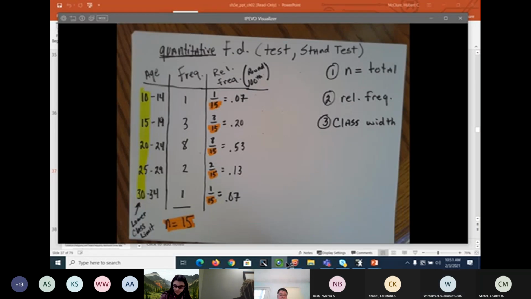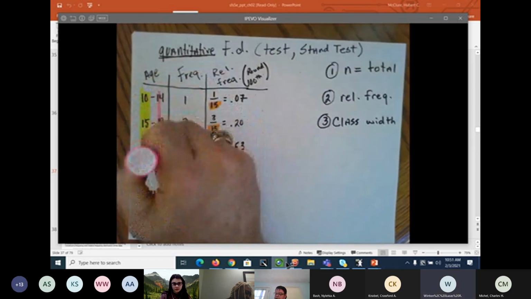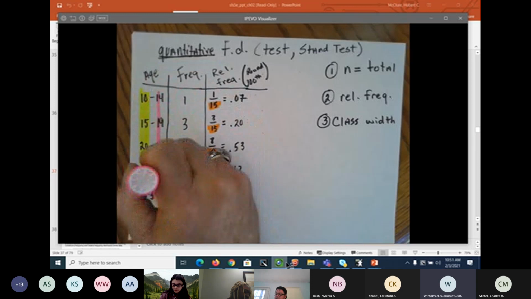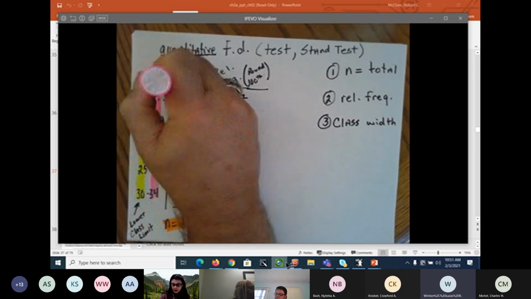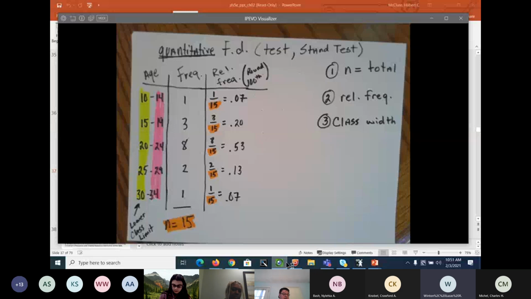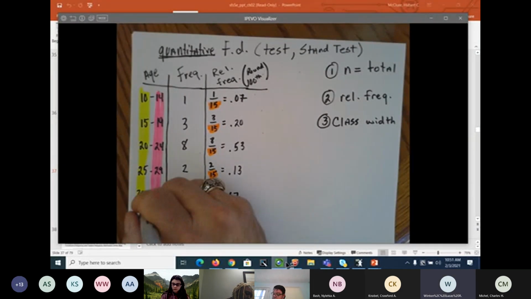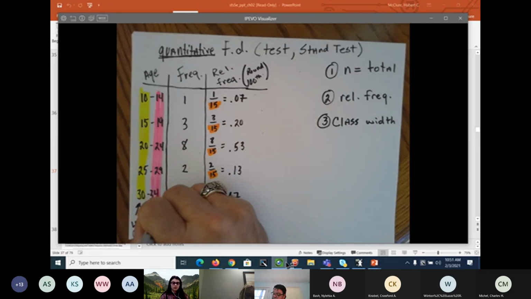And then the pink: if the yellow is called the lower class limit, what do you think the pink is called? Upper class limit. Upper class limit. And I don't know if I got enough room to write that, but upper class limit.